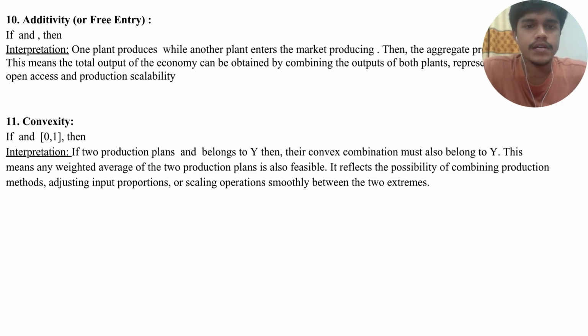Think of this as encouraging balanced input or output plans, when hands, machines, or resources are mixed instead of sitting idle, you get a more efficient outcome. So convexity reflects the benefit of combining production methods and adjusting proportions flexibly.